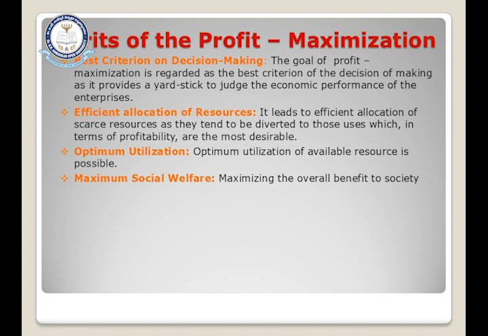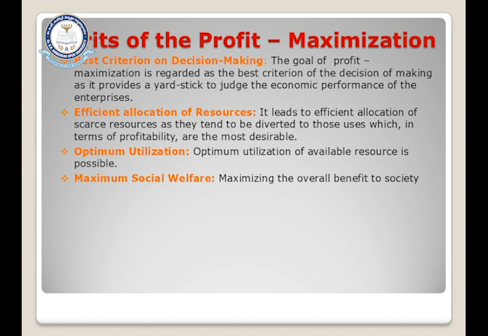So it leads to efficient allocation of the scarce resources, which would tend to be diverted to other uses in case profitability is not there, and if you don't invest in profitable projects or in profitable investment options.